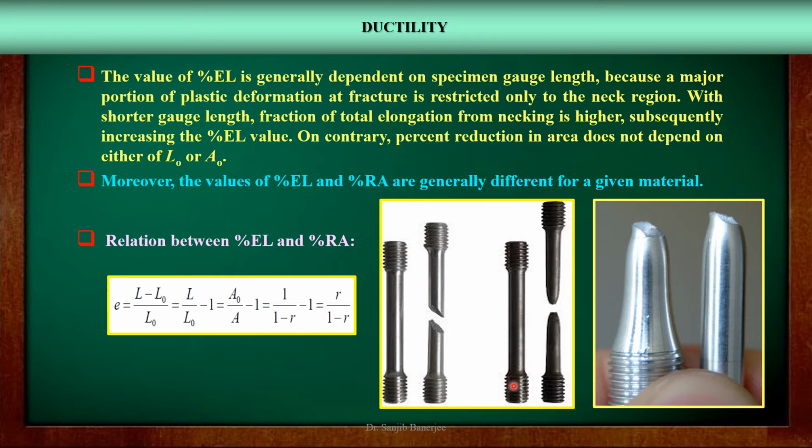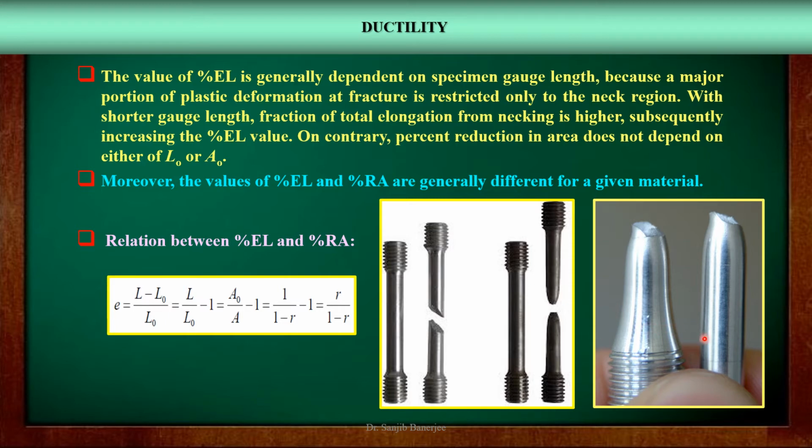We can see that due to necking, the localized reduction in cross-sectional area is much more prominent in the ductile material compared to the brittle sample.